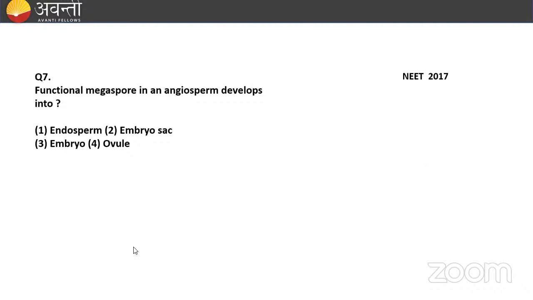So all of you have answered it correctly. That is option number 2, embryo sac. First is the ovule. Inside the ovule, nucellus is there. One cell of the nucellus gets differentiated into megaspore mother cell.